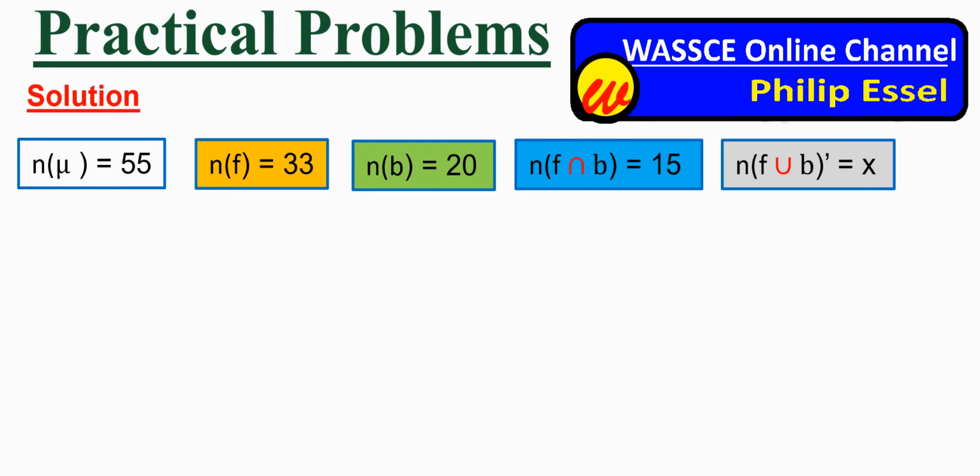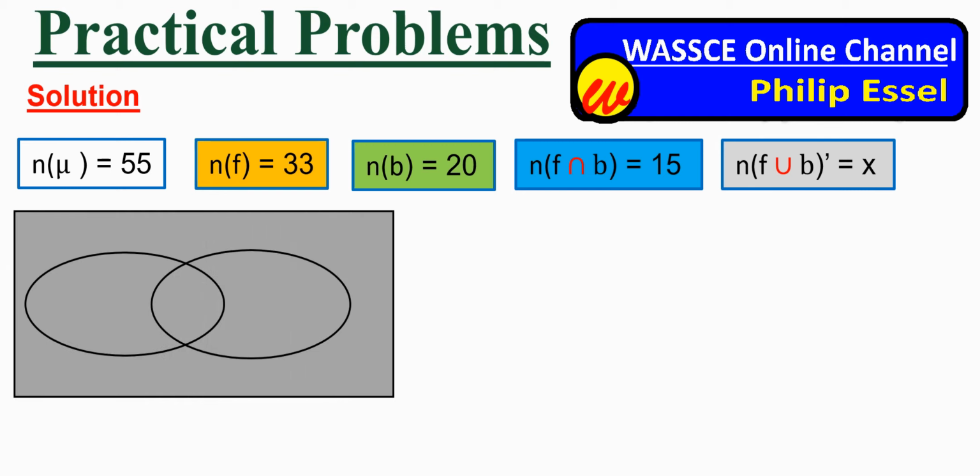So we'll first use the information to draw our Venn diagram. This is our Venn diagram of two intersecting sets. First, we'll write the total number of people in that class by the Venn diagram.